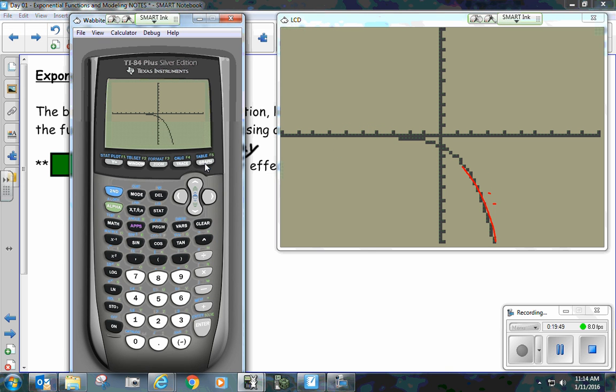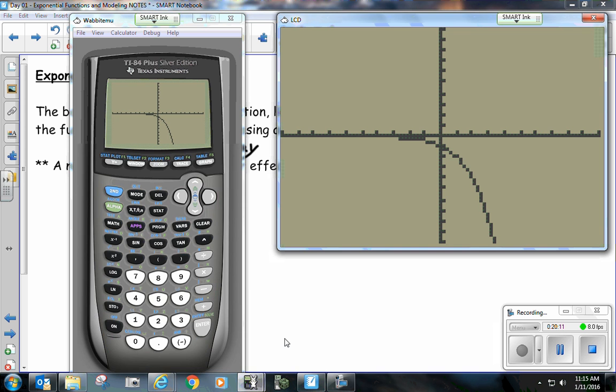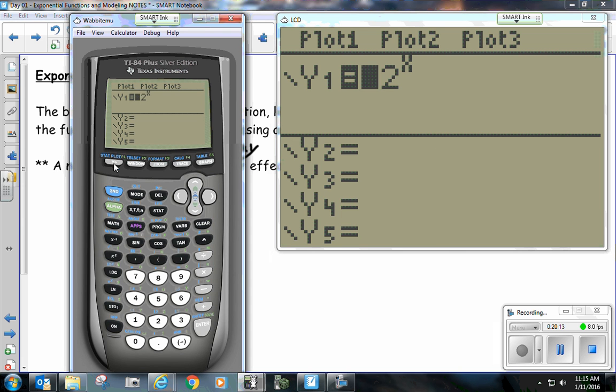Now, there's one exception here that I want to point out. A negative exponent can counteract the effect of the base. Meaning, if I take a look at this function right here, we say that it's decreasing. Why? Because my base is smaller than 0, isn't it?